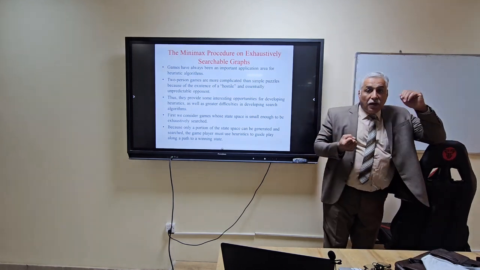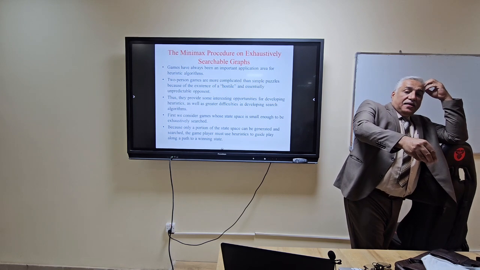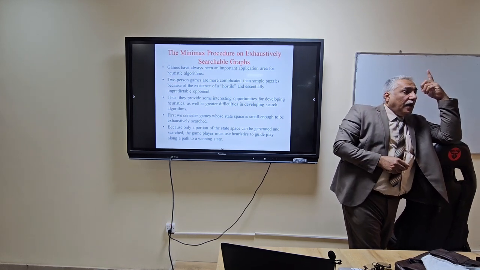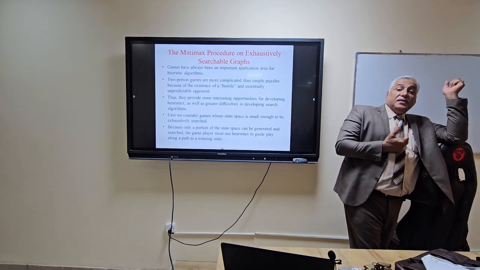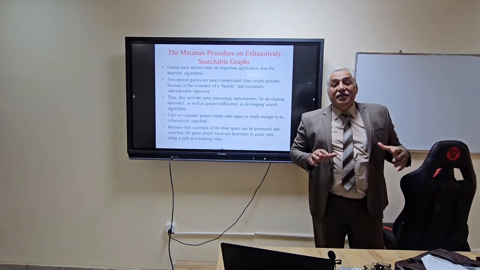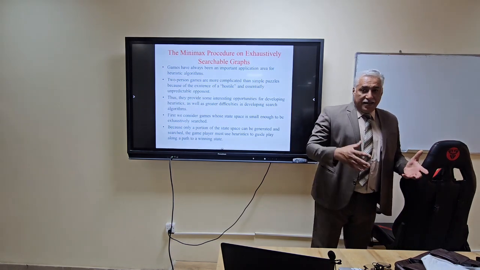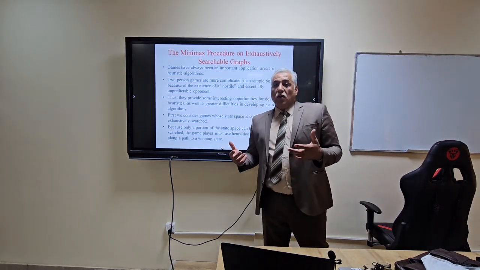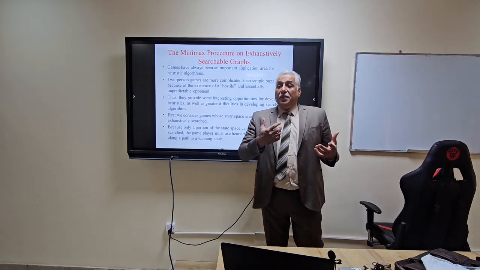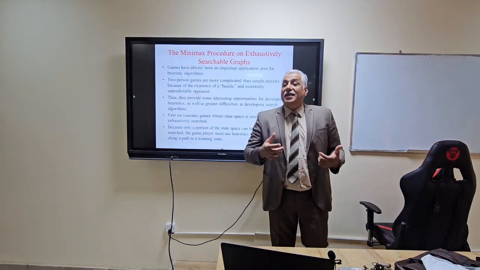But the opponent, when I move this piece, tries to minimize the danger from the rook. This competition between the player and his opponent is more complex than a single-player game.